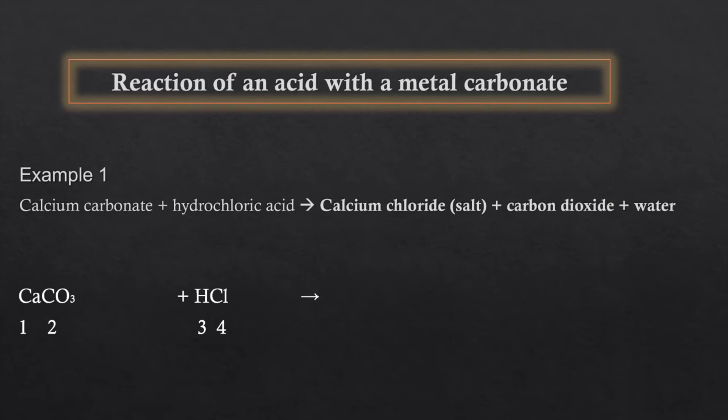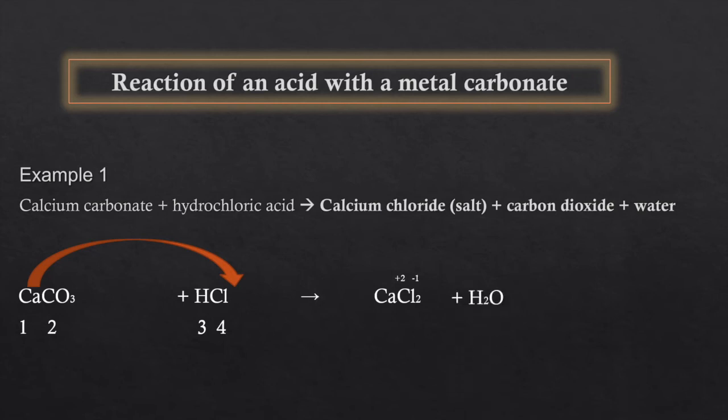Now for this section, we are only going to apply the first rule of the previous rules that we have done for the reactions of metals and acids. So number 1 is going to bond with number 4 to give us calcium chloride, or CaCl2. The reason why it's 2, calcium has a valency of +2, chlorine has a valency of -1, so it goes to CaCl2.